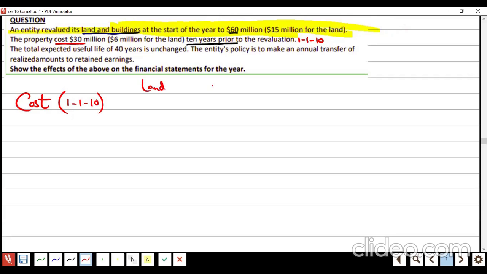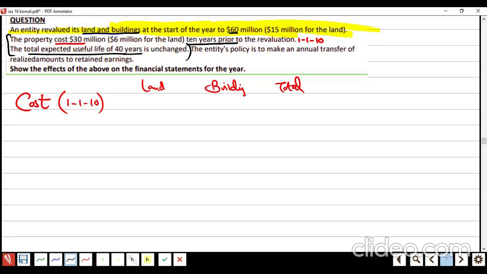Land we need to write separately and the building separately, because of the depreciation impact. Now, the total life is 40 years, which means that when they bought the property, the life was 40 years.